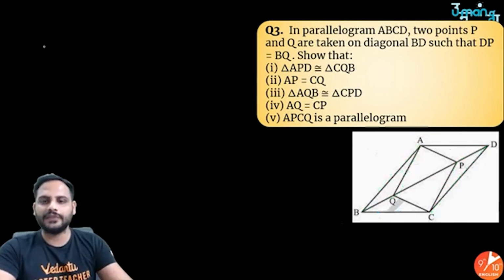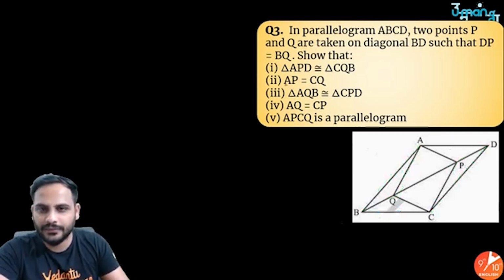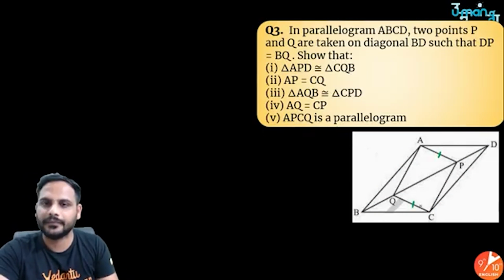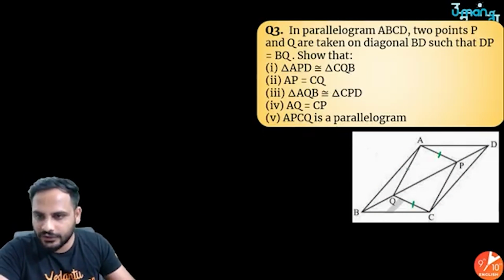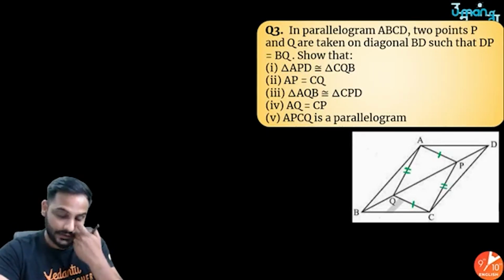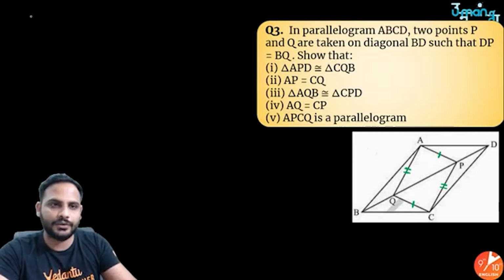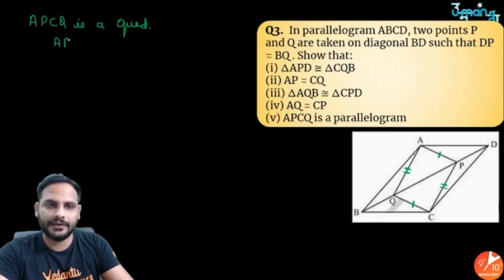Fifth one, they are saying prove that APCQ is a parallelogram. Beta, dekho. Now, from the second result, I know that AP is equal to CQ. And from the fourth result, I know that AQ is equal to CP. From the second result and the fourth result, I can clearly say APCQ is a quadrilateral in which AP is equal to CQ and AQ is equal to CP.